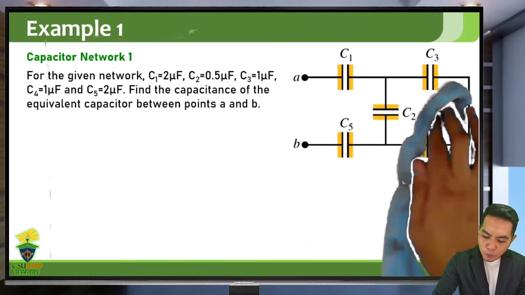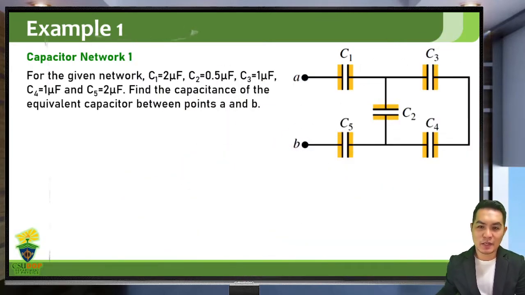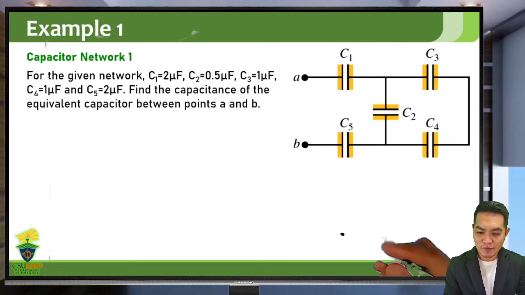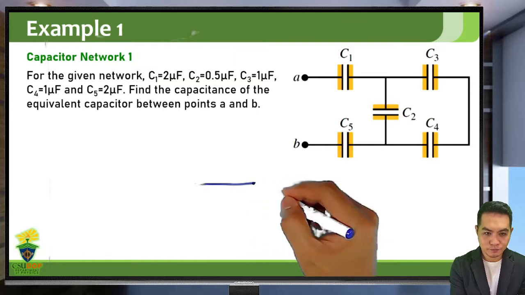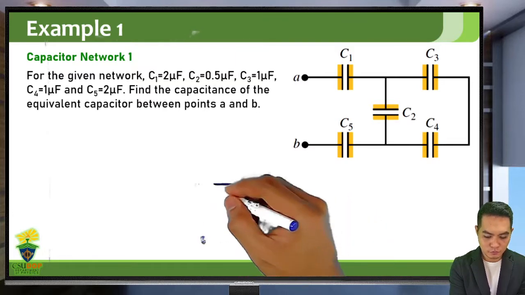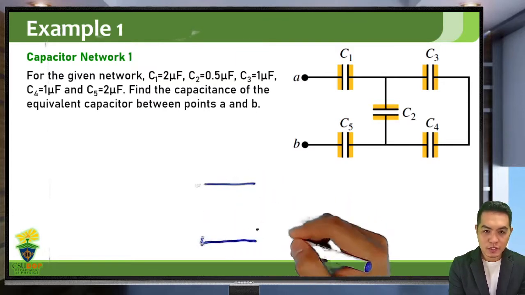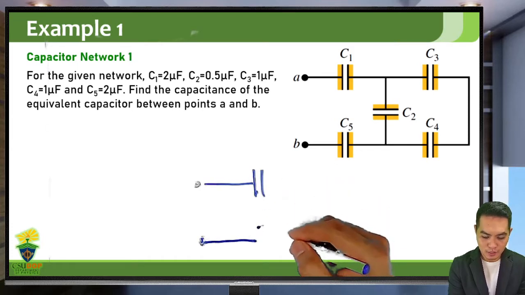So the only obvious basic connection here is C3 and C4, which means I can convert this system into a network like this.